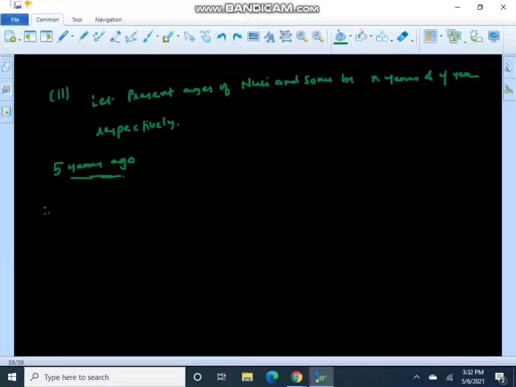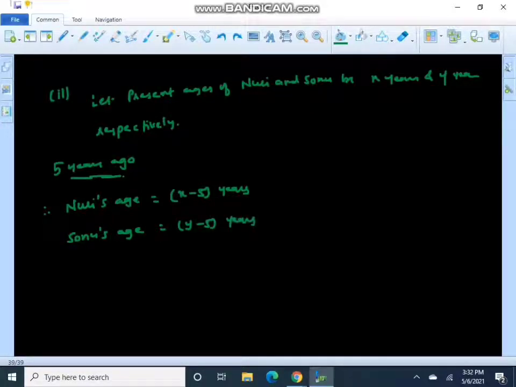So what would be Nuri's age? If Nuri is at present x years old, what would be her age 5 years ago? x minus 5 years. Okay, and Sonu's age will be similarly y minus 5 years.